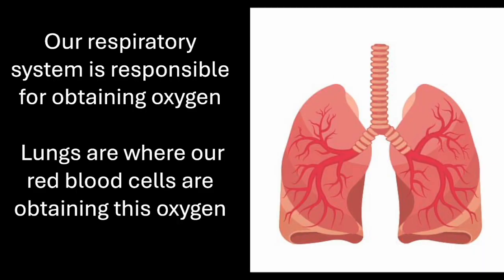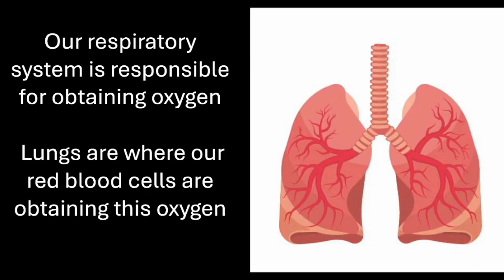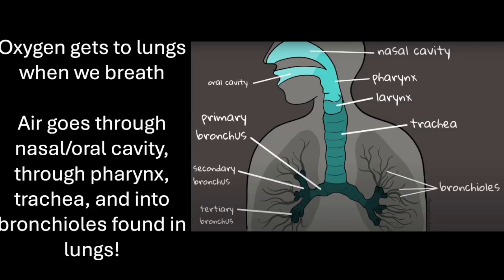Okay, so our respiratory system is responsible for obtaining that oxygen that's needed for cellular respiration and for creating energy. And we're obtaining that using our lungs. And this is where our red blood cells obtain oxygen and distribute it through the rest of our bodies. So oxygen gets into our lungs when we breathe.